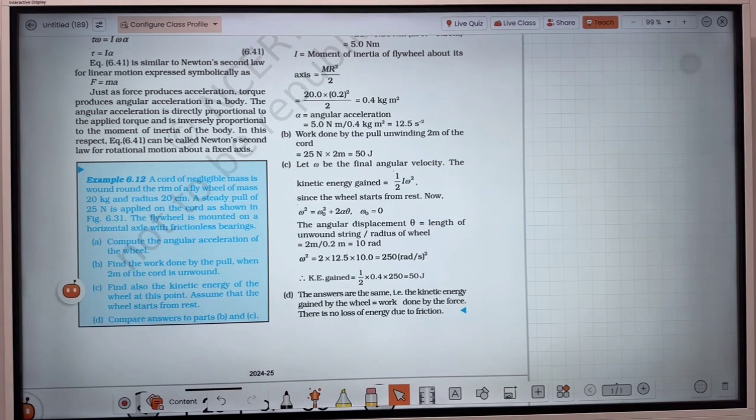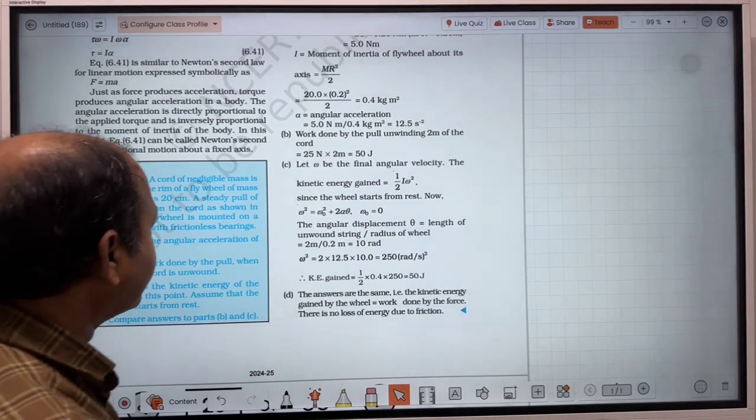The flywheel is mounted on a horizontal axle with frictionless bearings. Compute the angular acceleration of the wheel. Find the work done by the pull when 2 meters of the cord is unwound. Find also the kinetic energy of the wheel at this point. Assume that the wheel starts from rest. Then compare the answers to parts B and C.